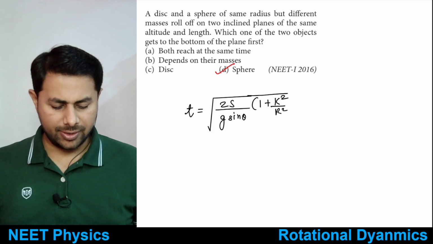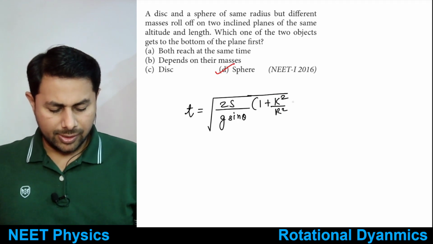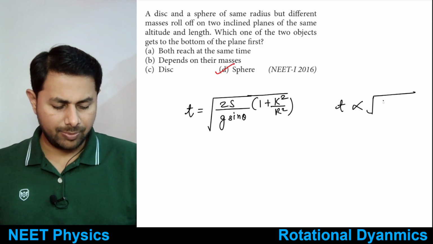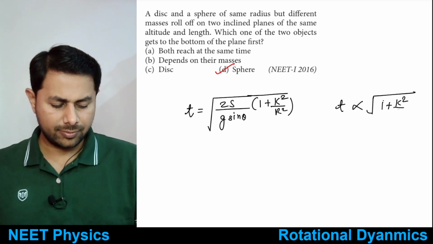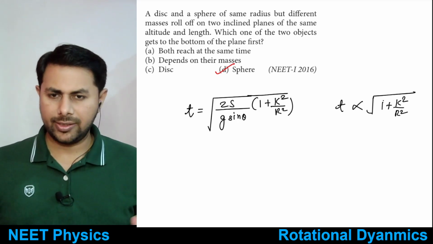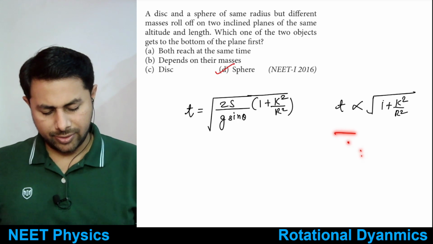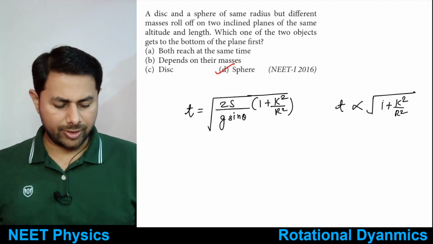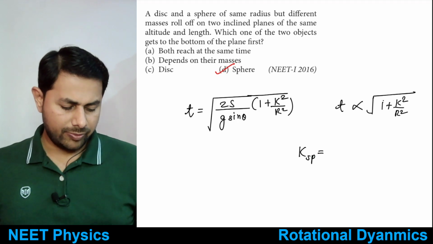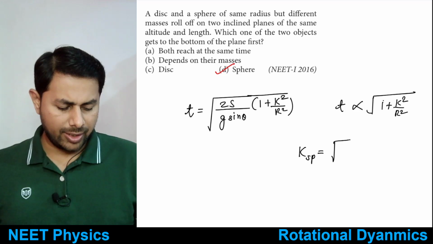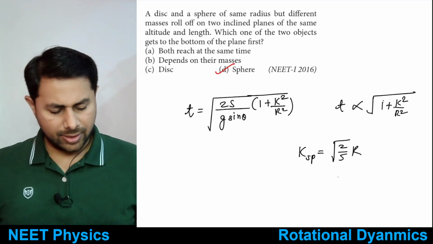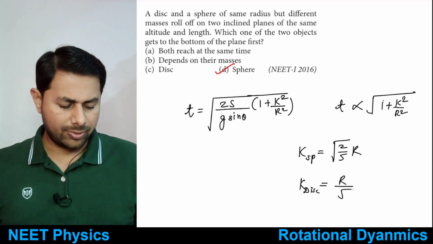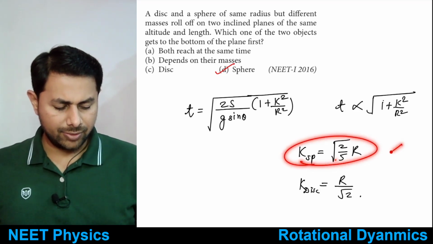This is repeated, I guess, many times over, right? So t is proportional to 1 plus k square by r square. If k is small, t is less, right? So for a sphere, it is less. That's why the answer is sphere. K for the sphere is root 2 by 5 r, and k for the disk is r by root 2, so the sphere's is less.